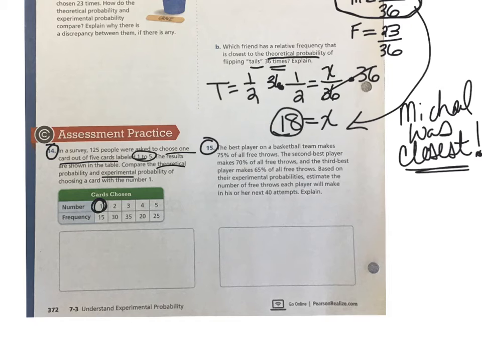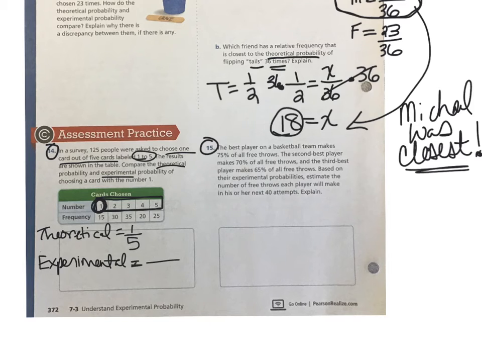In other words, what should happen. In this case, because there are 5 cards, each numbered from 1 to 5, you have a 1 out of 5 chance of drawing a card with the number 1. So your theoretical probability tells us there is one favorable outcome, and that's drawing the card with a 1 on it, out of 5 possible outcomes, which are the 5 cards that you have to choose from.